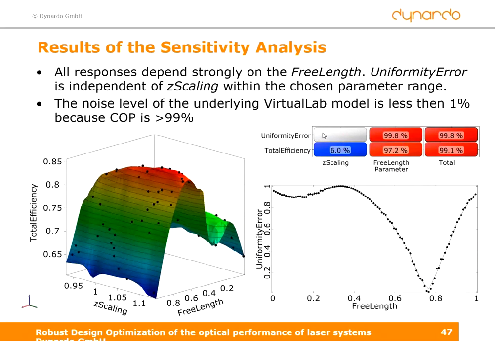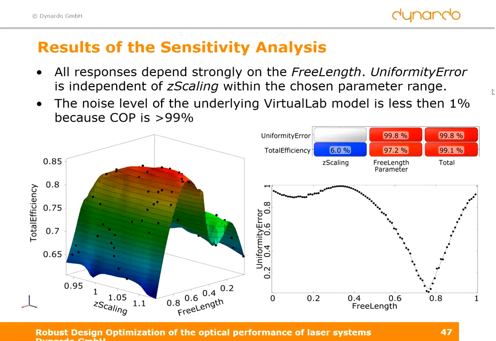This means for us that we don't need to consider this input parameter for the optimization, because we can set the set scaling to the optimal value for the total efficiency. So here's the model for the total efficiency, and we can just choose the best value of this set scaling, and we don't need to optimize it, because it doesn't affect our uniformity error.